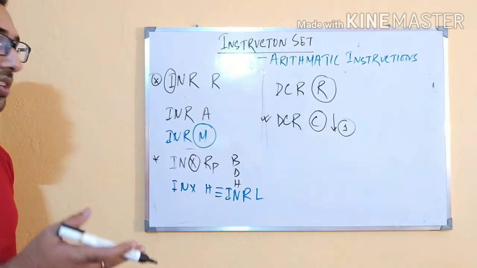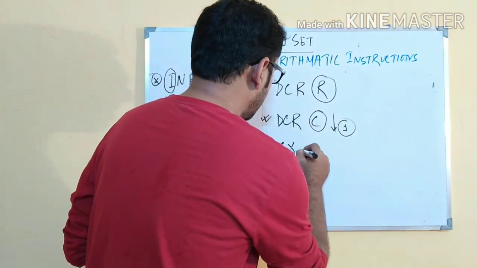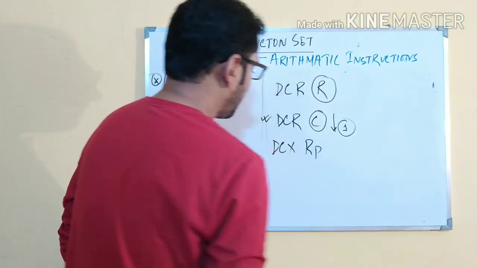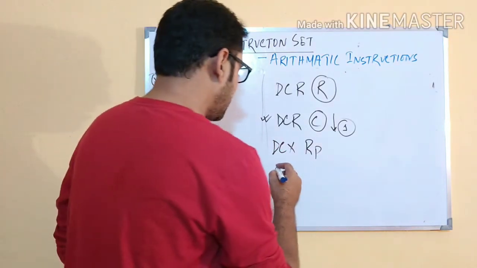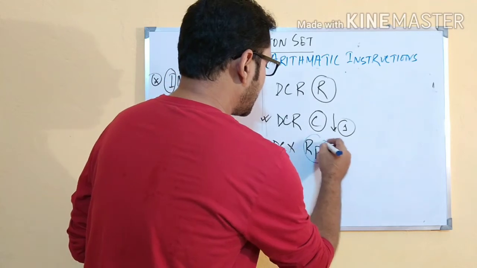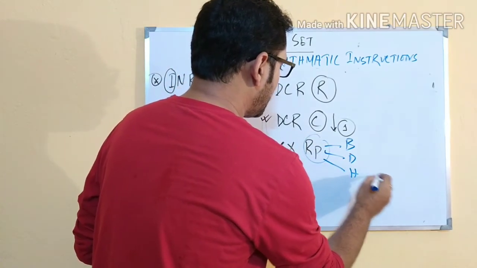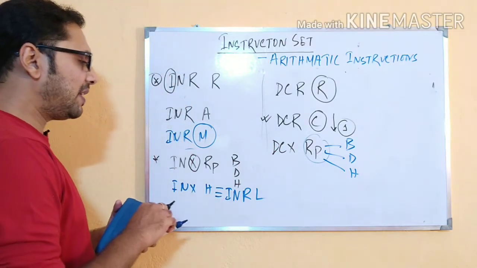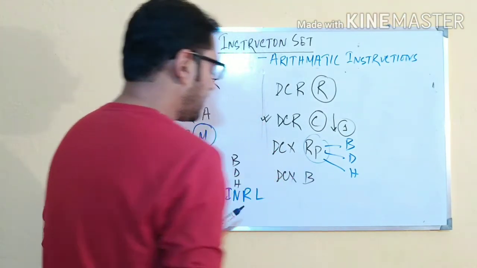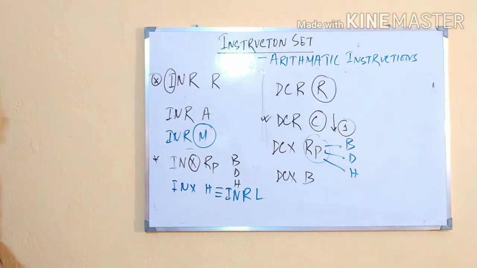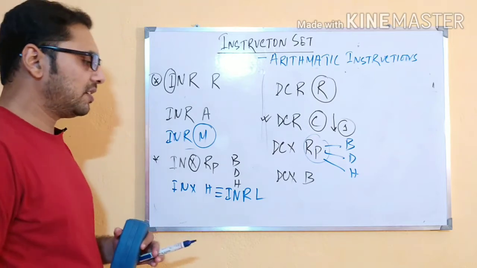the value of a register pair also, that is called DCX RP. When I say DCX RP, RP stands for either B, D, or H. So the typical example can be this one, DCX B. That means the content of BC register pair will be decremented by 1.